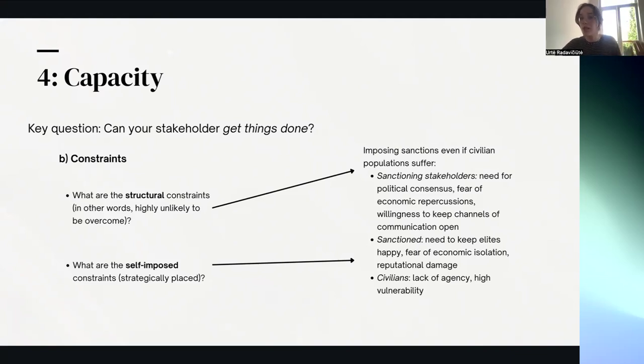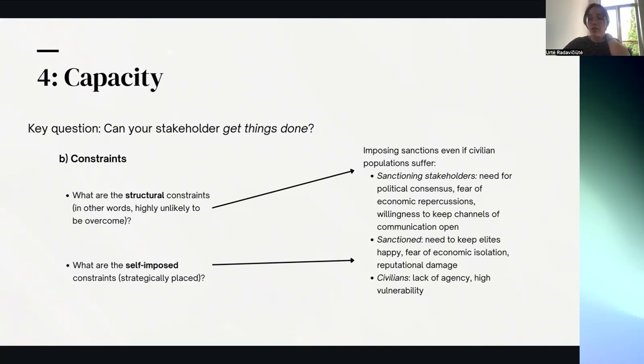That's something that usually cannot be overcome. So therefore, you need political consensus unavoidably. If you need political consensus, a self-imposed constraint as a consequence of that might be the fear of alienating a part of your either electorate or a member state that is a part of your organization. Furthermore, another constraint might be fear of economic repercussions.